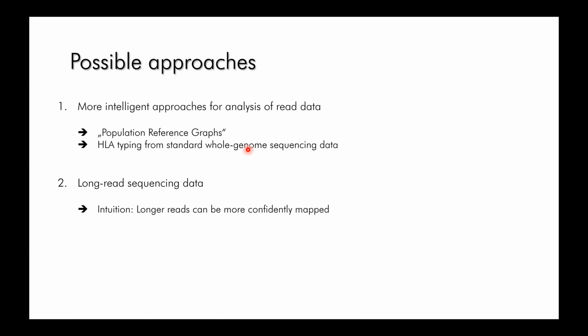The intuition here, in the context of what I just said, is that these longer reads can be more confidently mapped and more confidently aligned to the genomic locus that they originate from. And using long reads, we're now in a position to infer complete MHC haplotypes. And of course, it may also be possible to combine both approaches.